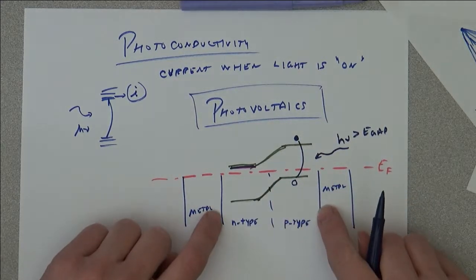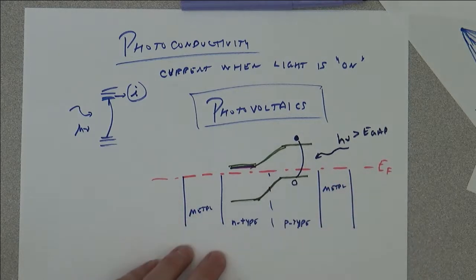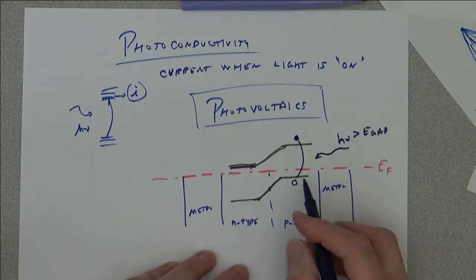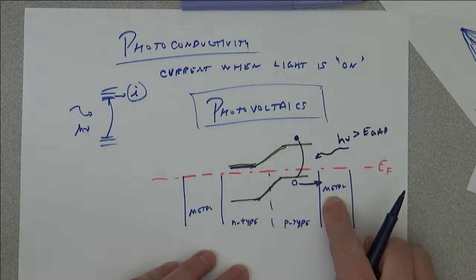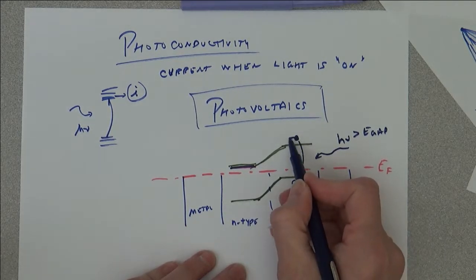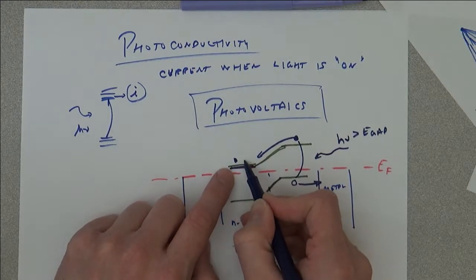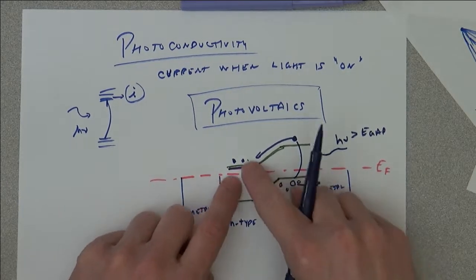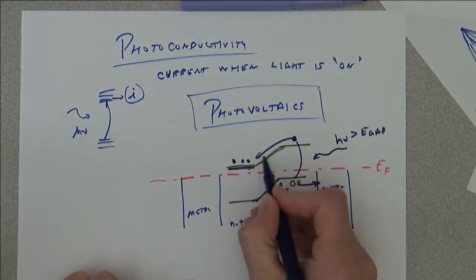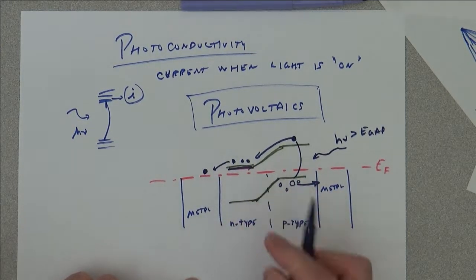Making these small enough, so the size is important for a photovoltaic. What's going to happen is this hole is going to pull over to the metal. This electron is going to come back down this hill, and remember we have a bunch of other electrons here as well, and we have a bunch of other holes here because it's p-type and that's n-type. It's going to go down that hill, and an electron will go into the metal.